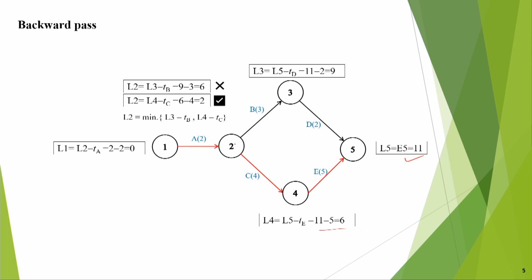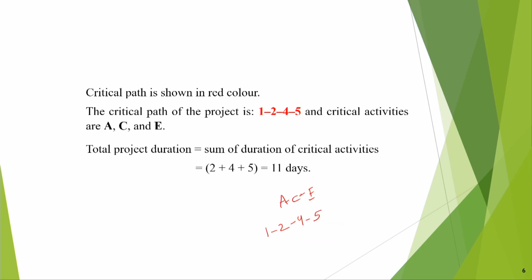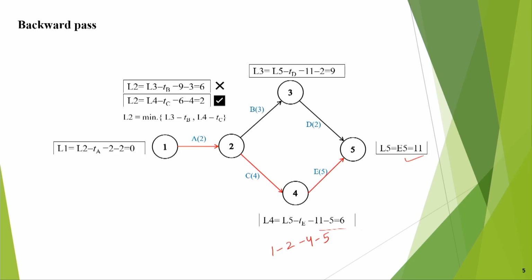So, we can write the critical path in terms of the activities ACE, or we can also tell in terms of the events 1 2 4 5. So, the total project duration is equal to the sum of durations of critical activities: 2 plus 4 is 6, plus 5 is 11.